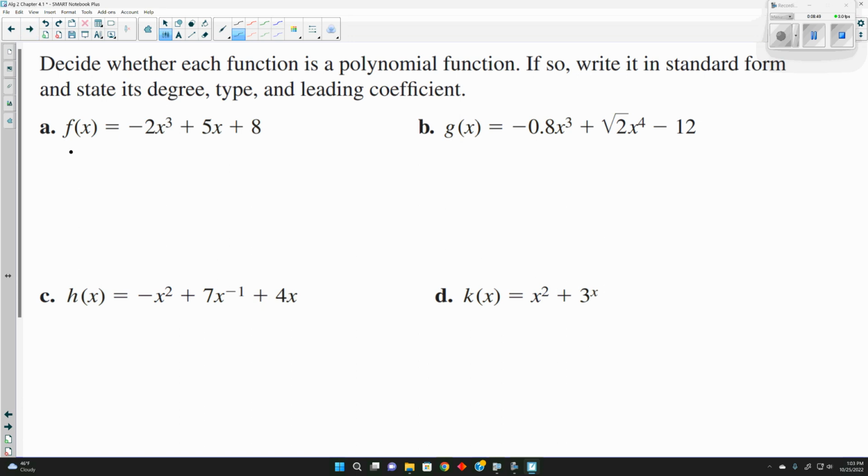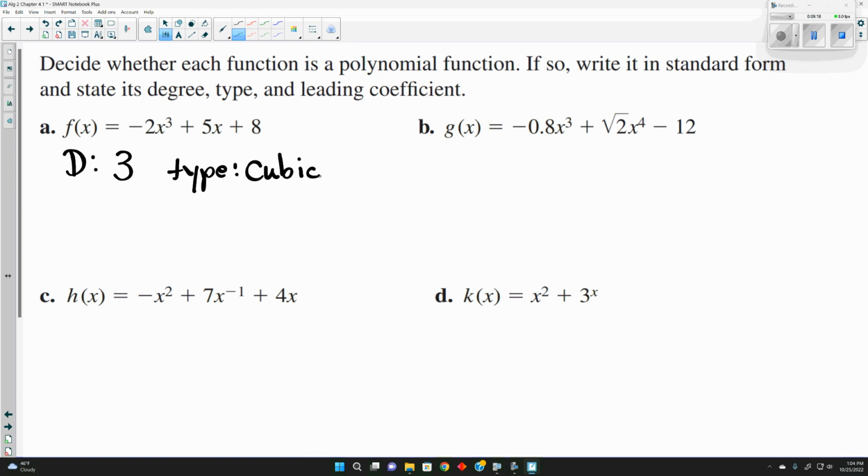So the next thing we need to state is the degree. What's the degree of this function? The degree is the biggest exponent. So it's degree 3. Type is almost cubic.